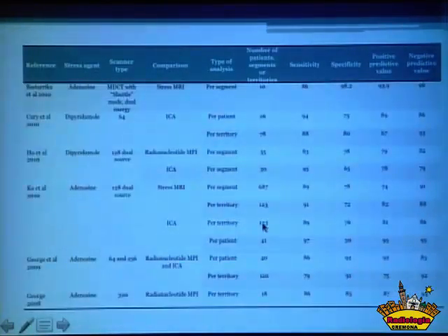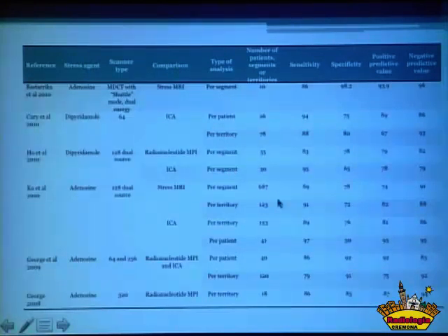So research to date, this is all the research in perfusion up to 2010. Obviously in 2011 there's been a few more papers out. But you can see from here we've got quite a variety of different stress agents being used, a variety of different scanners. They're comparing it to a lot of different things. We've got MRI, invasive coronary angiogram, nuclear medicine, and they're doing quite a lot of different analysis per territory, per segment, per patient.